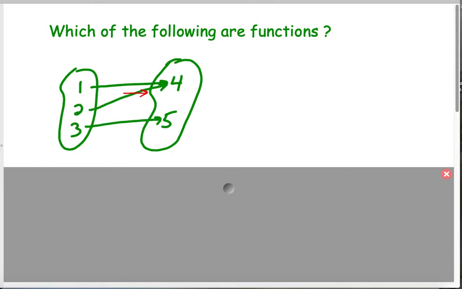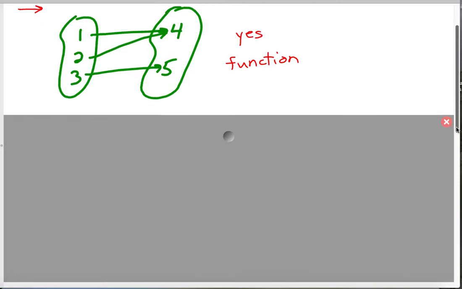Now, even though 1 and 2 are both matched to the same number, that's okay. It's just we can't have an arrow going from 1 to 2 separate numbers, or 2 or 3. So this is a function. It's a very simple function, but nonetheless it represents a function.